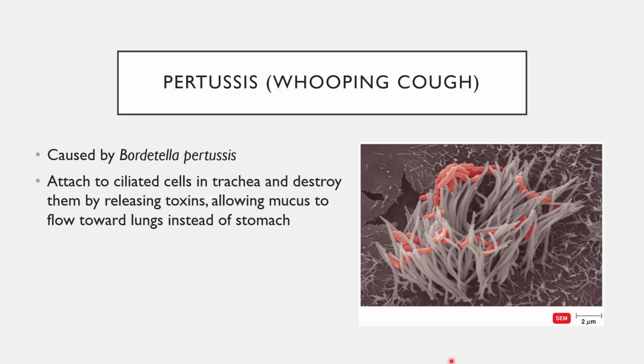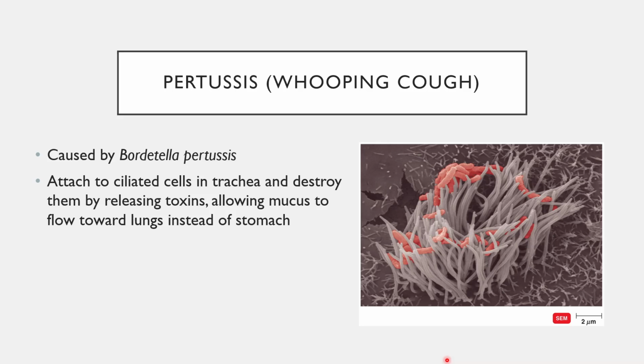When the bacteria attach to these ciliated cells, they release a powerful toxin that kills the cilia, destroys those little hair structures. And we previously learned that the role that these cilia play in something called the mucus ciliary escalator is that they sweep mucus down your esophagus and towards your stomach instead of towards your lungs.